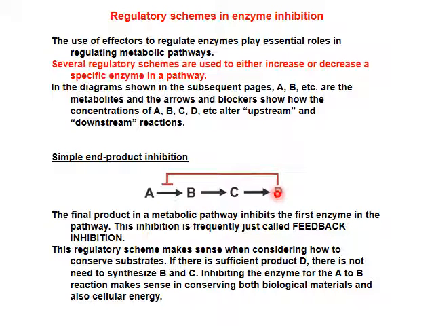If the concentration is high enough, it will bind to the enzyme in the first step and thus slow down the generation of D, because we don't need D anymore. We got enough D. Concentration builds up to too much. It now starts to bind to the enzyme.